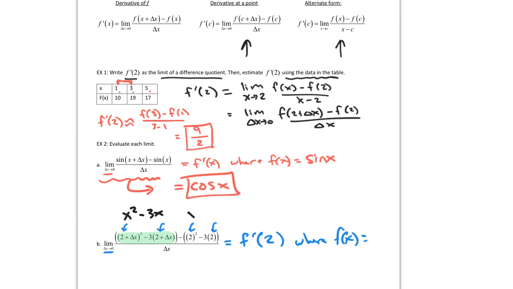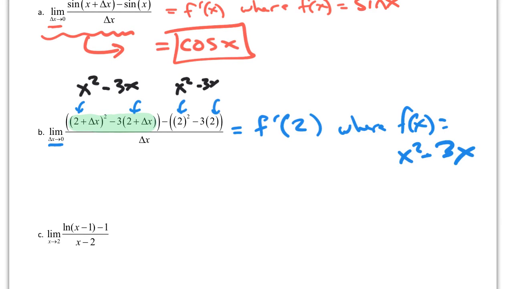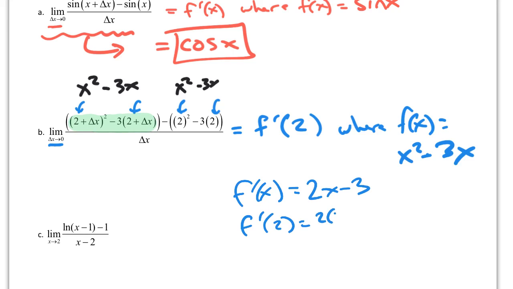And it follows suit here. We also have x squared minus 3x there. And so I now know f of x is x squared minus 3x. Well, we know how to take that derivative. So I could find that f prime of x, given that f of x is x squared minus 3x, would be 2x minus 3. And then I can plug in to get f prime of 2, which is 2 times 2 minus 3, which is 1.